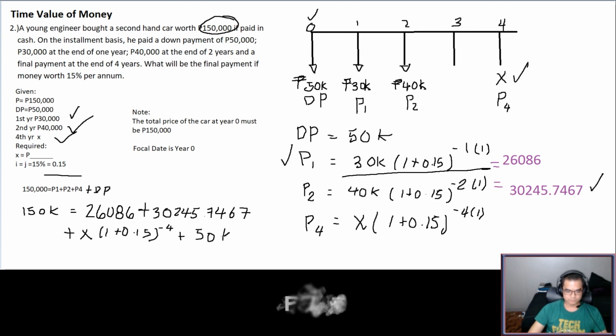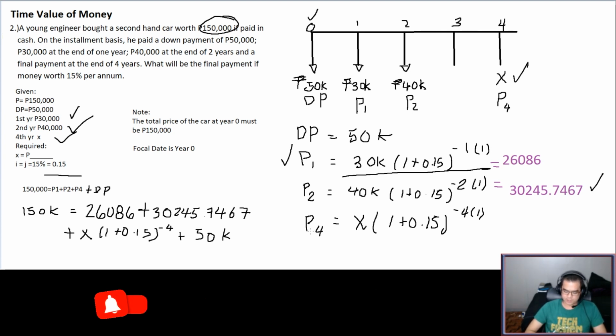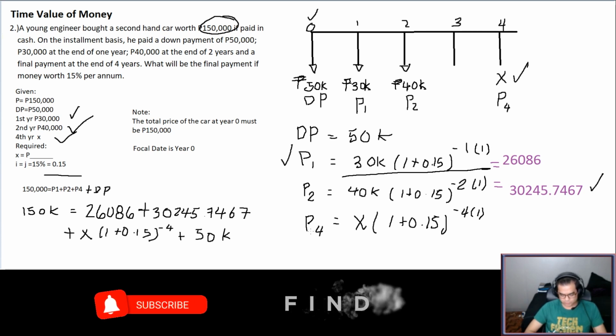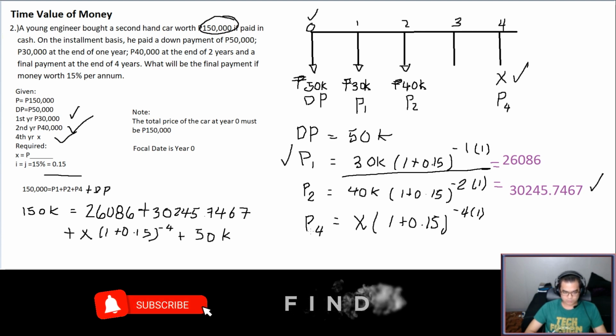Now, as you can see, you only have one value missing, which is the value of x, and that is what we are looking for, the last payment. So using the shift solve function, or you can do it algebraically. So let's try to do it using our calculator.